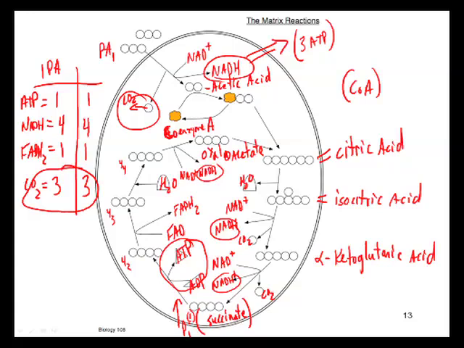Yes, it does. So for every single glucose molecule that goes through glycolysis, those 2 pyruvic acids have the potential to go through the matrix reactions and yield a total of 2 ATP, 8 NADHs, 2 FADH2s, and 6 carbon dioxides.